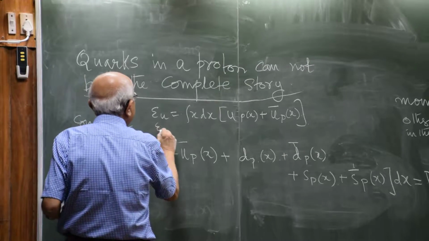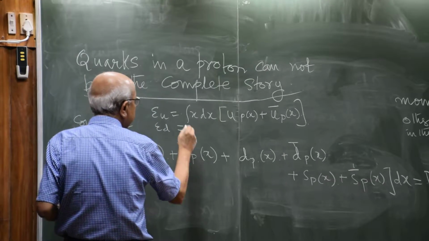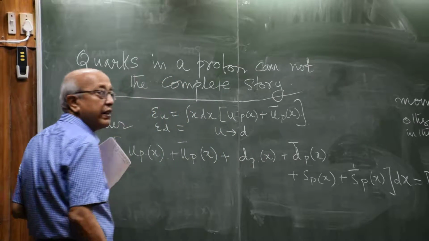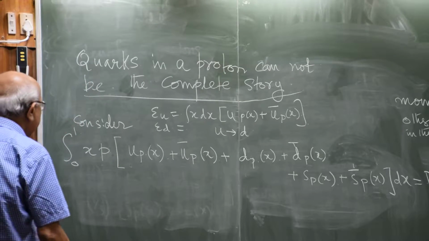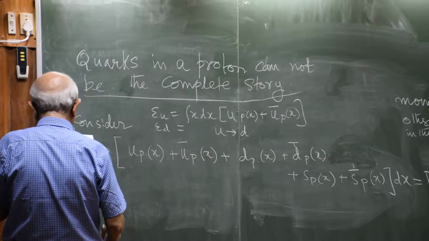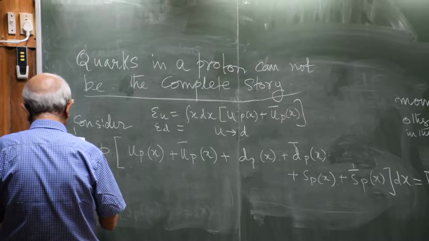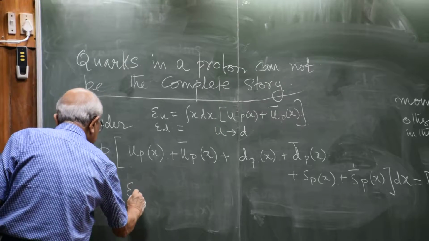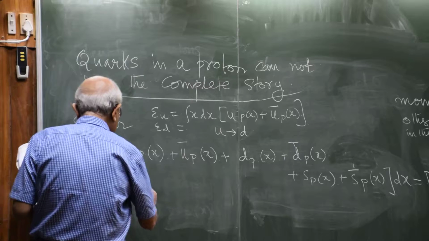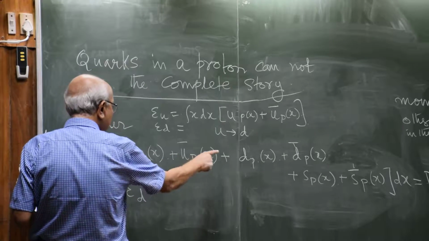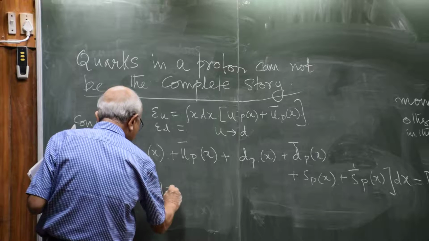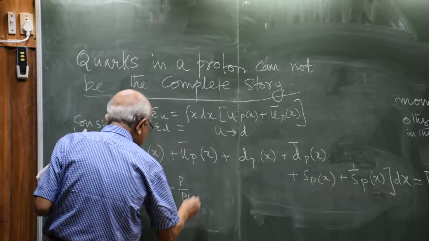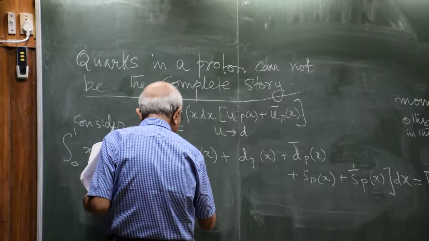Similarly, define epsilon d, where in this expression I replace u by d. Then I get a result which is epsilon u plus epsilon d is equal to, if I divide throughout by P, 1 minus P prime by P.